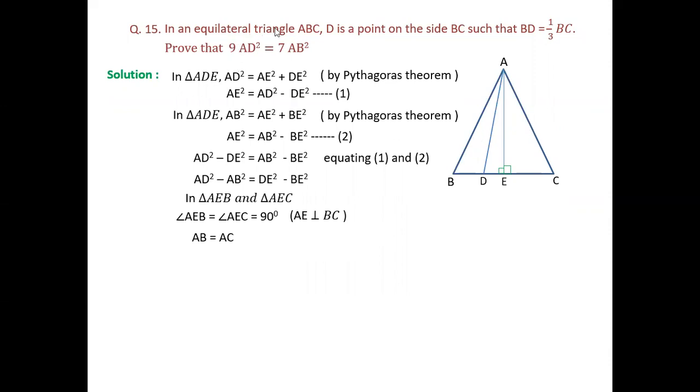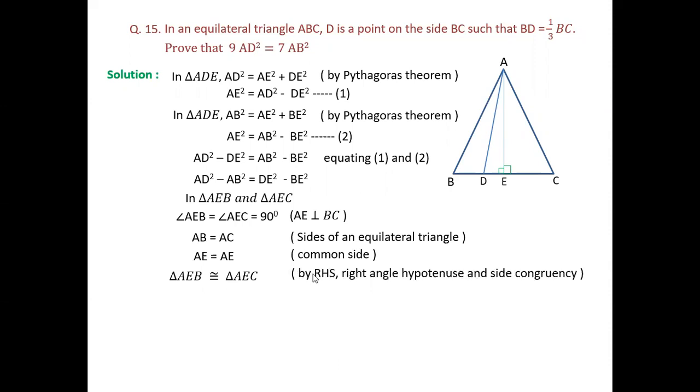It is an equilateral triangle, so sides of an equilateral triangle are equal. And AE is a common side to both these triangles. Therefore, triangle AEB and triangle AEC are congruent by RHS congruency, that is right angle, hypotenuse and side congruency.